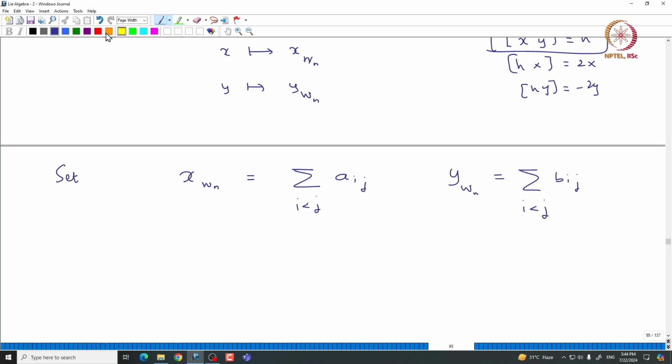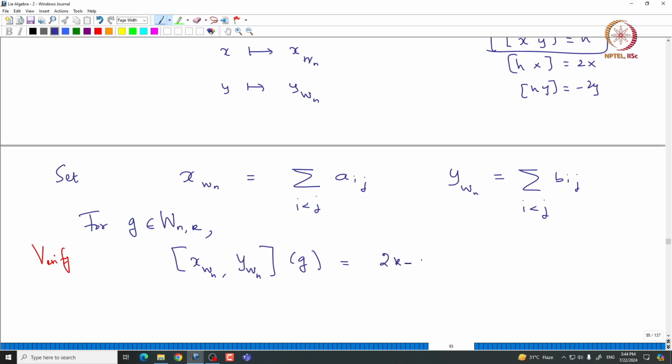So, I will leave it to you to verify that if you compute the commutator of X_Wn and Y_Wn on any G, where let us say G comes from W_n,k, so it has exactly k edges, then you can see that this is going to give you exactly the eigenvalue 2k minus n choose 2 times G. That means this commutator indeed acts diagonally on W_n.